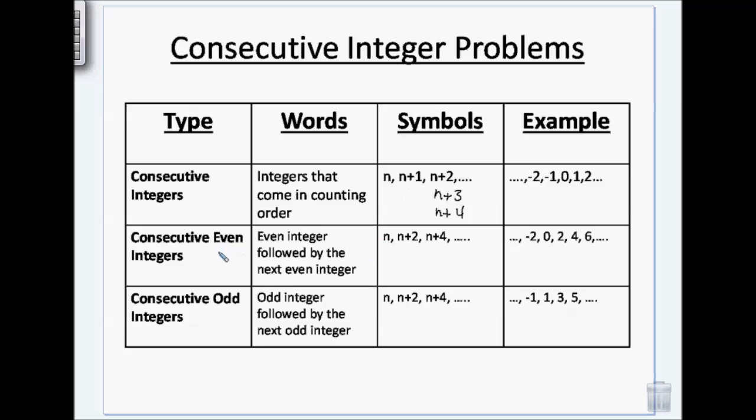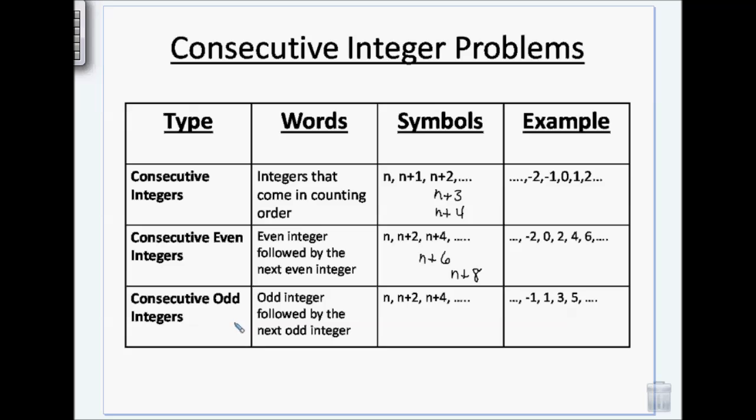Consecutive even integers, if we start with 8 again, would be 8, 10, 12, 14. To get from 8 to 10, you don't add 1, you add 2. Then from 10 to 12, you add 2 more, and you keep adding 2 each time: n plus 2, n plus 4, n plus 6, n plus 8, etc. It's the same thing with odds.